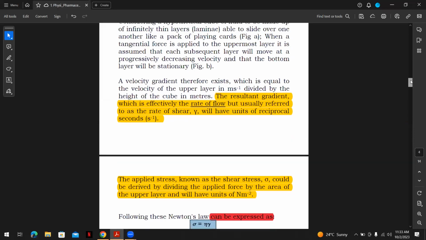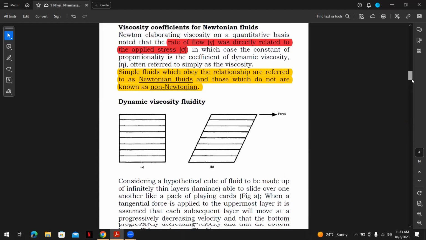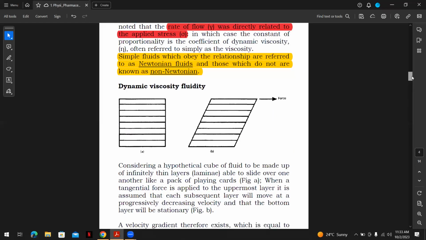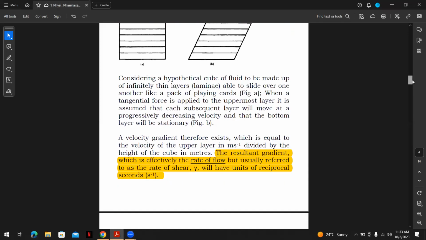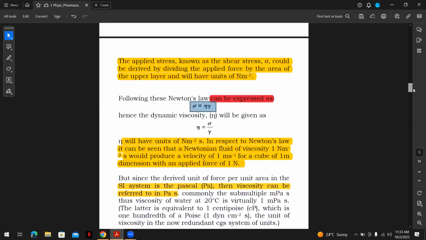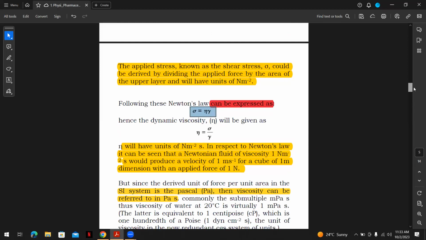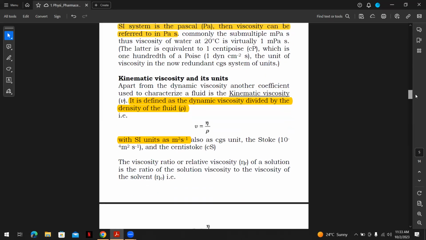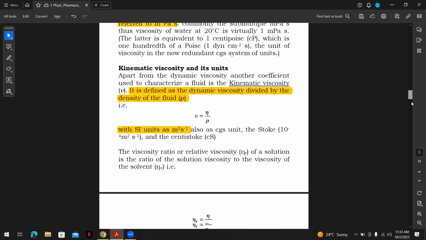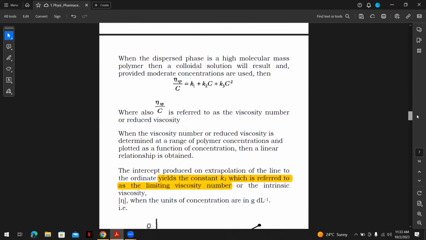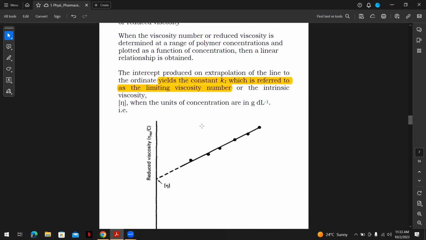And we know the SI units, like we said, is Pascal second. For kinematic, by the way, I didn't say kinematic viscosity is just meters squared per second. So we also understood this.